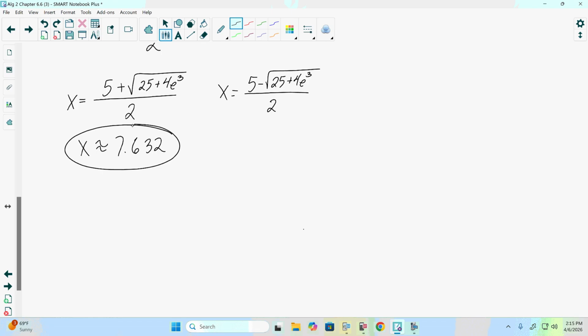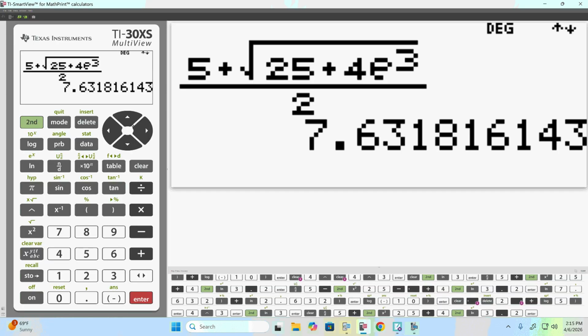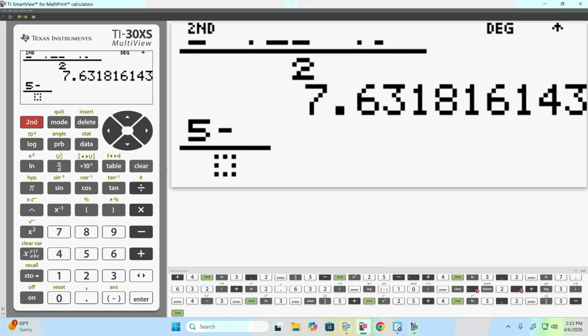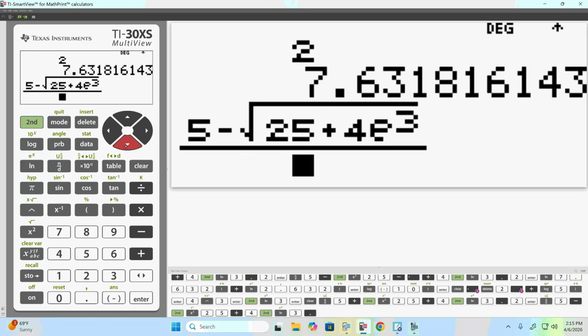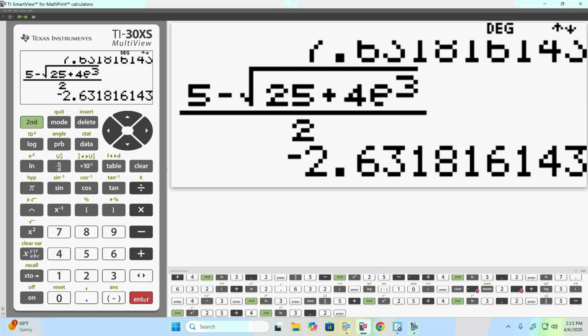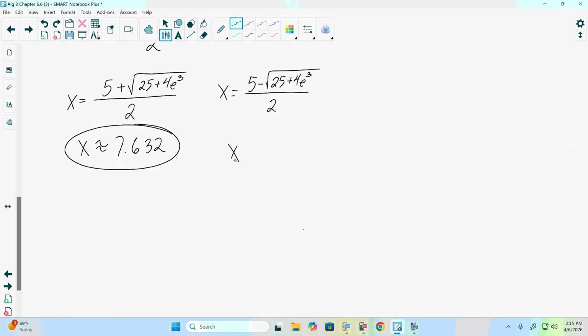I will take it in either one of those forms. Now we have to plug the other one in also. 5 minus the square root of 25 plus 4e to the third all over 2. And it tells me it's negative 2.632.